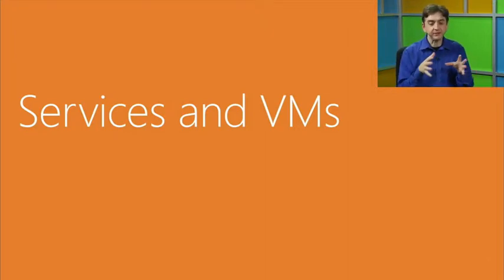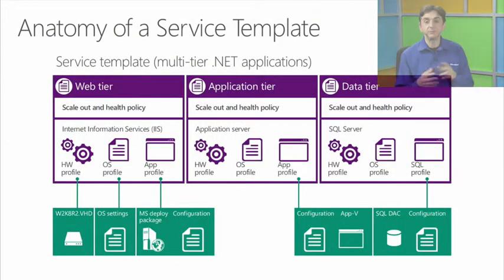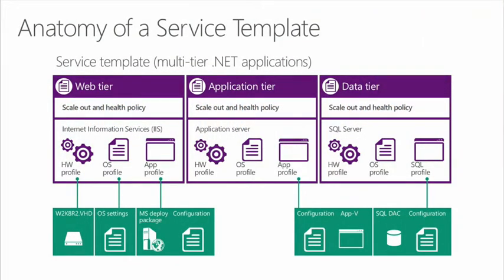And so I need to be able to create a way to have this combination pulled together, and VMM provides that flexibility with the service template model. So if we look at what a service template model is, it's basically the following. It's the ability for you to create multiple tiers, and each one of these tiers is a virtual machine template.